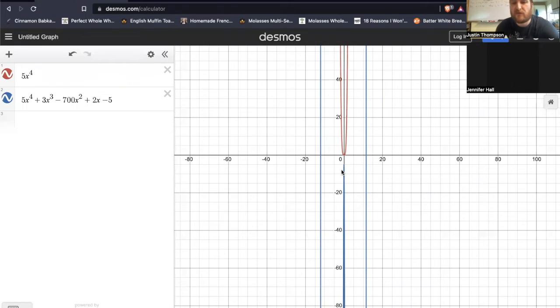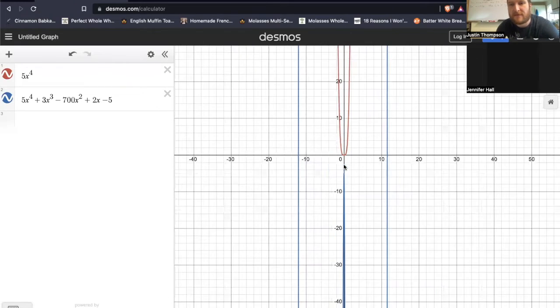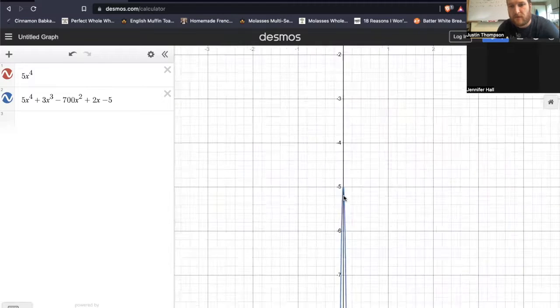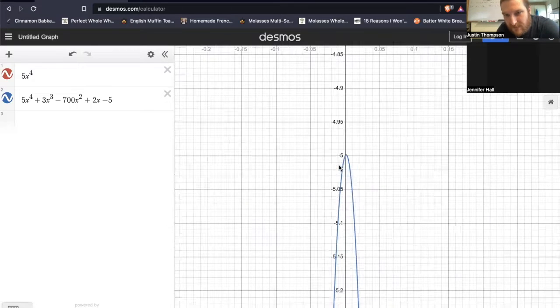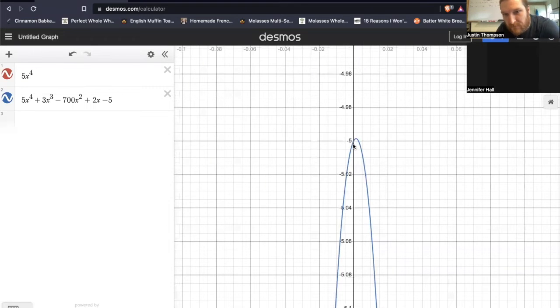All right, so let's zoom in on this thing here. Of course, it goes through -5. We knew that it was going to go through -5 because when you plug in a 0, you get out -5, and so it has to go through the y-axis at -5. But check this out. This is pretty cool. Notice that is not the tip of it.